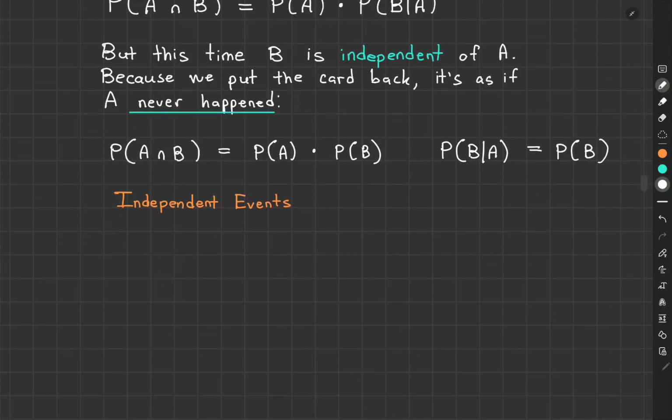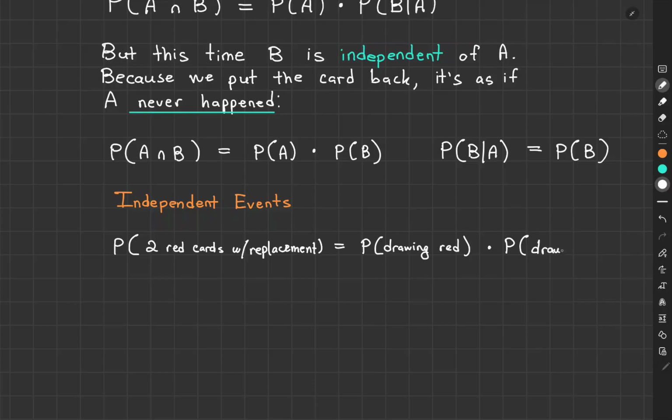So let's see how this calculation looks. The probability of drawing 2 red cards with replacement is equal to simply the probability of drawing red times the probability of drawing red again, without consideration of that first event.